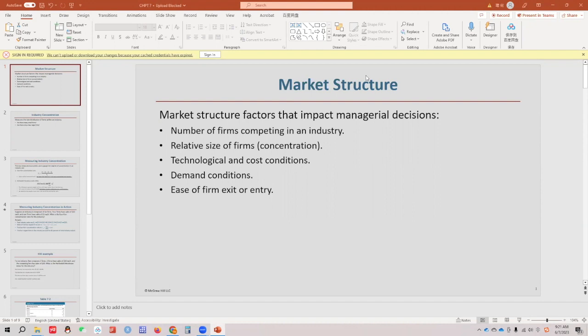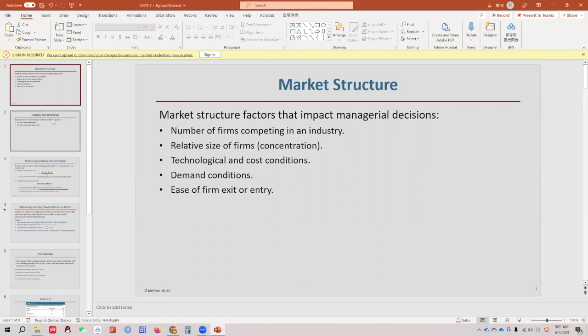If the price changes a little, they're going to reduce their quantity consumed by a lot because they have other alternatives to go to. Ease of firm entry or exit is also easily observable. So the one that remains a little bit of a task for us to solve is to measure the concentration of firms.